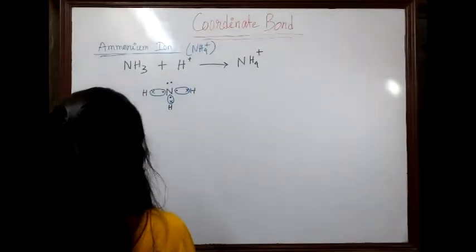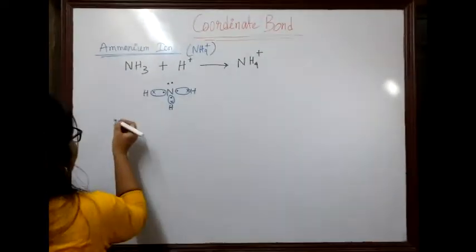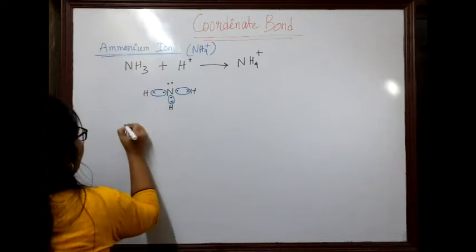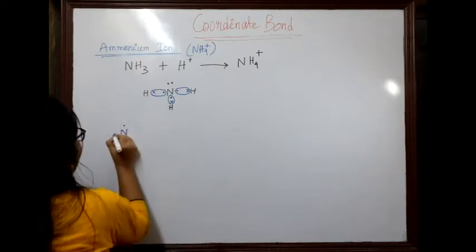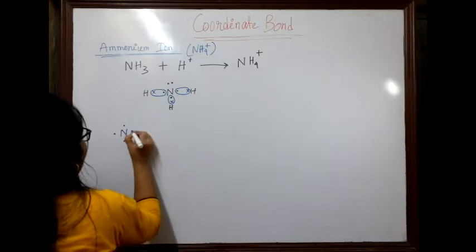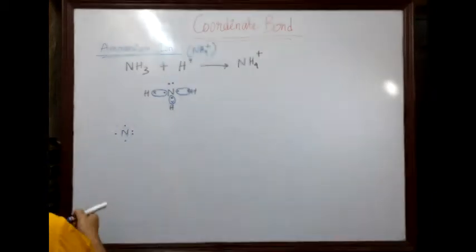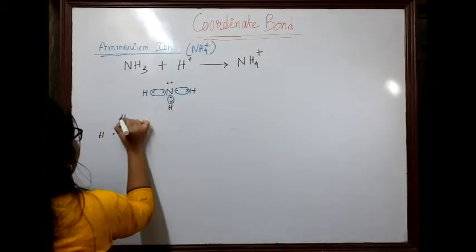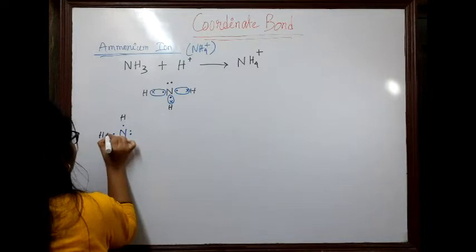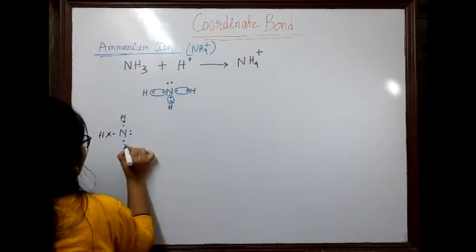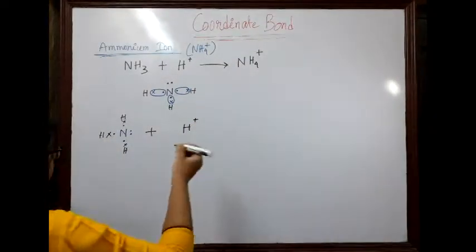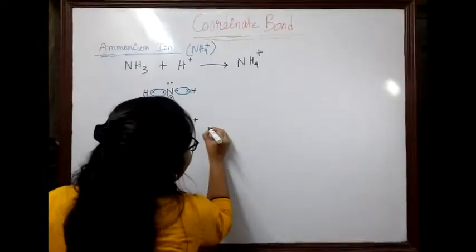So we can see that nitrogen has two electrons as a lone pair, and 3 hydrogens, 1, 2, 3, plus the H plus ion that is forming.